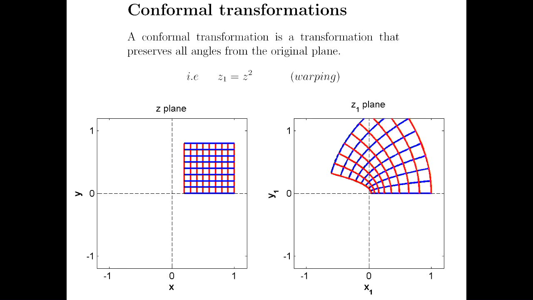If I apply some transformation where the Z1 plane is equal to Z squared, you're going to have something that looks like this in the Z1 plane, where it's warped. You can see that the angles between the blue and red lines are still 90 degrees in the Z1 plane. Therefore this transformation, which is known as warping, is a conformal transformation.